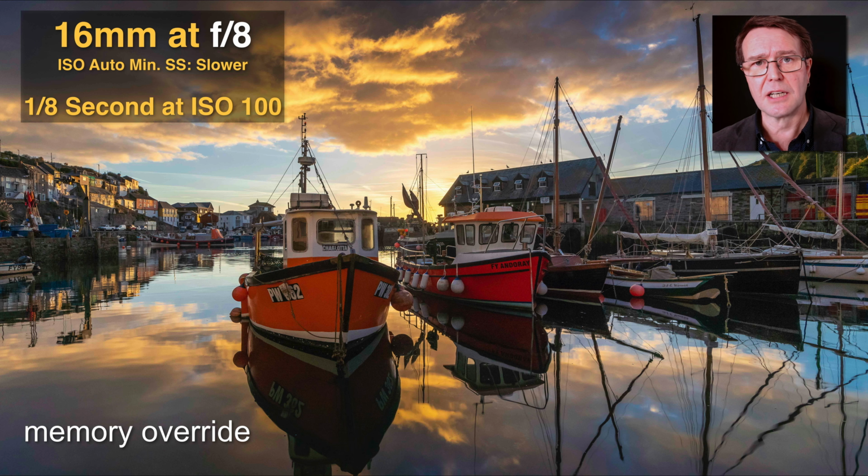But if you select slow, it gives the camera permission to maybe take a picture at 1/50th of a second. And if you select slower, then it will give the camera permission to use 1/25th of a second. In this instance, because I'm using a 16-35 GM lens and the ISO auto minimum shutter speed is set to slower, it'll slow down to 1/8th of a second.